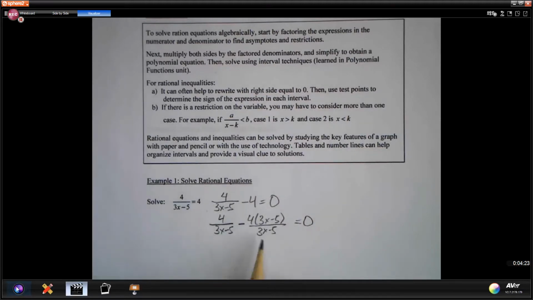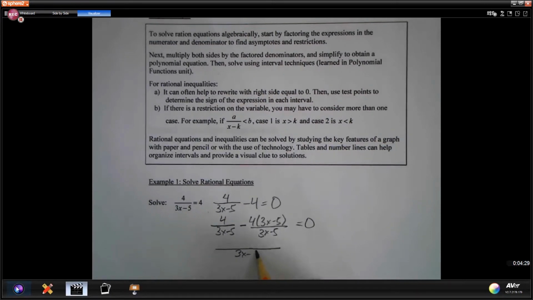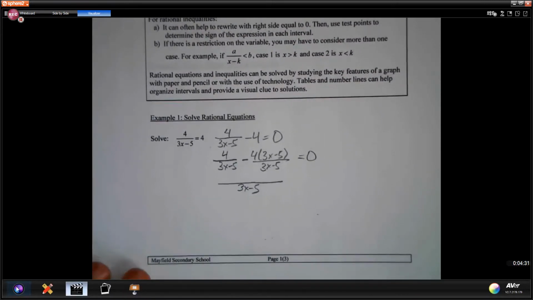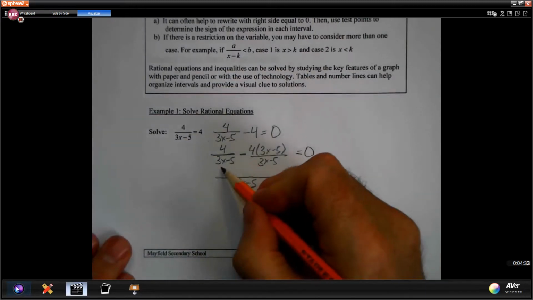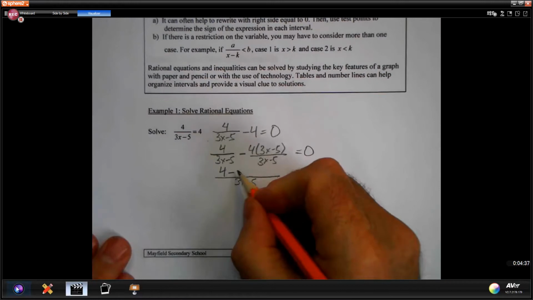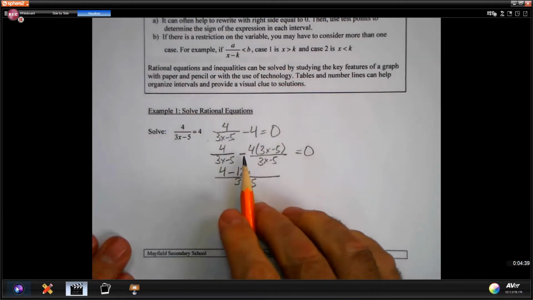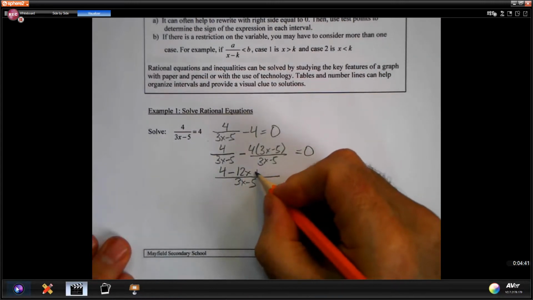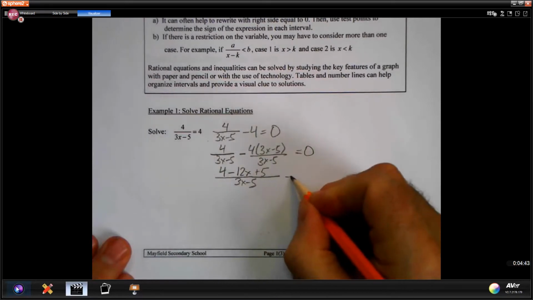So I'm going to make one expression over 3x minus 5. I've got my 4 here, and then I'm subtracting 4 times 3x, which is subtract 12x. Then I'm subtracting negative 5, which is adding 5, equals 0.